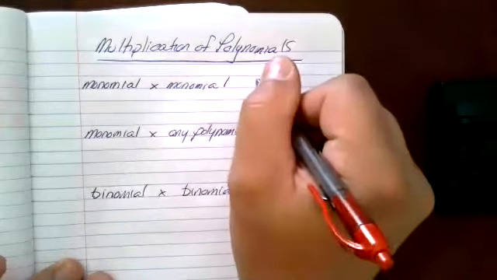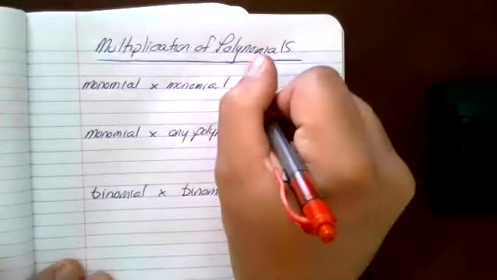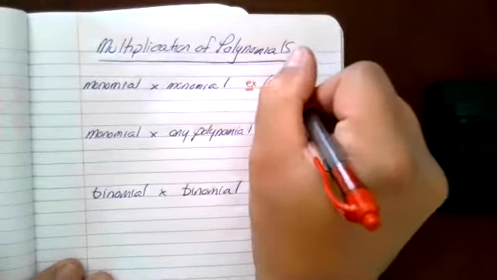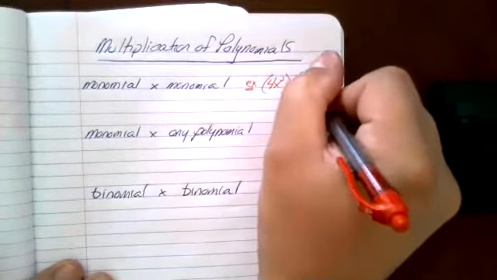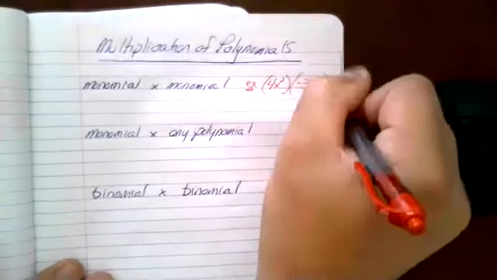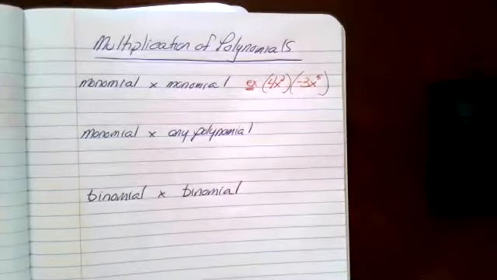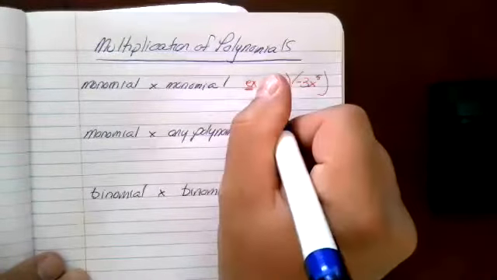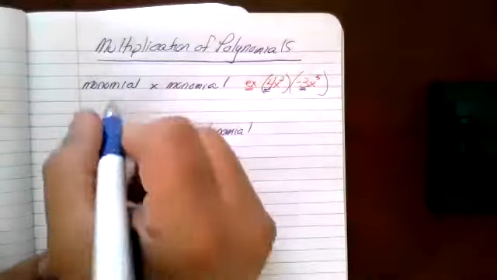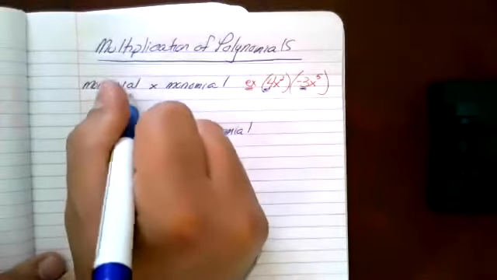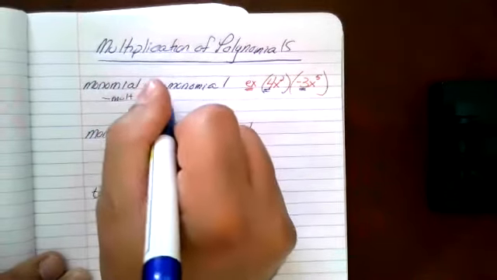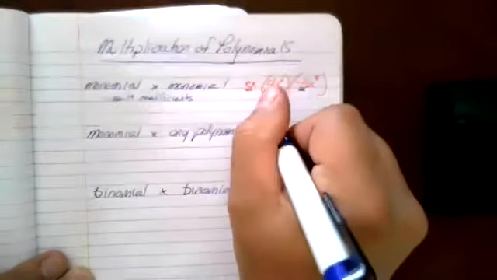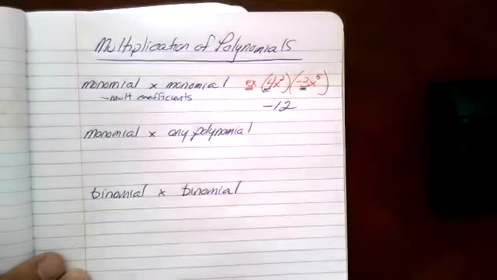So if you had something like, for example, 4x squared times negative 3x to the 5th, when we're multiplying a monomial times a monomial, we would multiply the coefficients. And in this case, we would get negative 12.